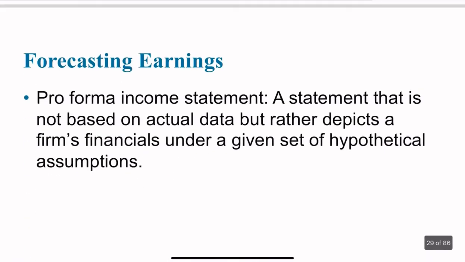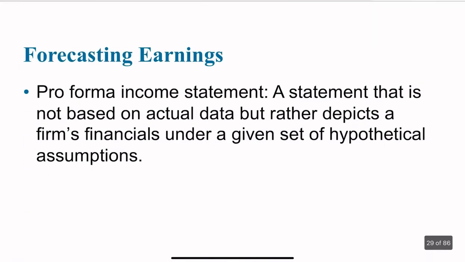Okay. So first, you will build this pro forma income statement. This type of income statement basically means it's a fictional income statement which gives you anticipated numbers after a certain transaction.